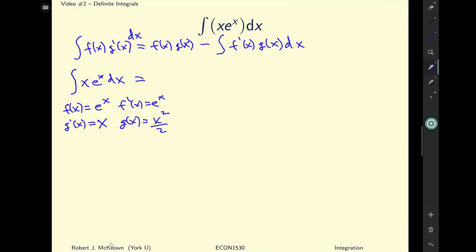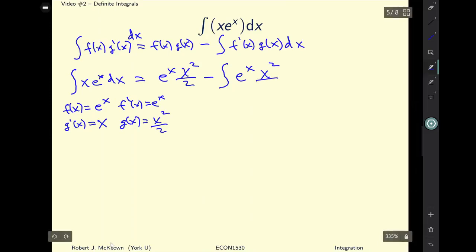Let's go for it. Now I'm going to plug that into our formula, and so we get f of x, which is e^x, times g of x, minus the integral of f prime of x, which is just e^x, times g of x, which is x squared divided by 2, and I write my dx.